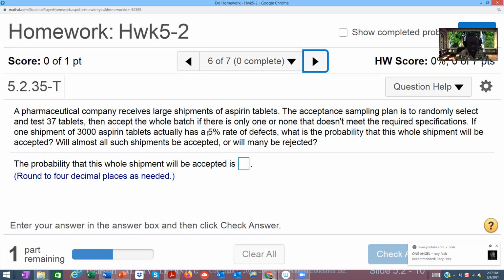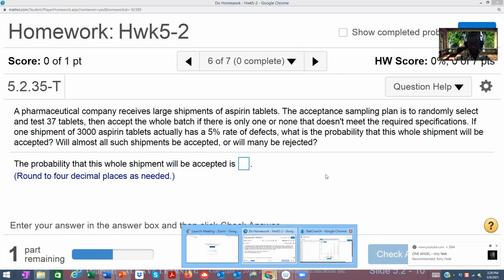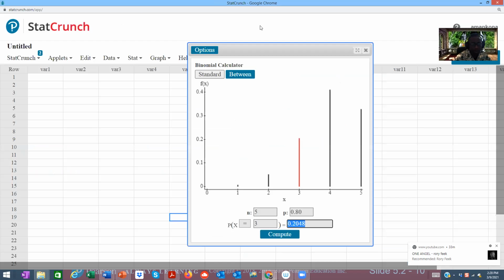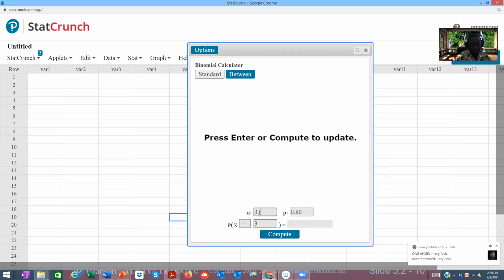So if I want to do this, I can open my StatCrunch. I hope you can see this. I have 37 tablets.